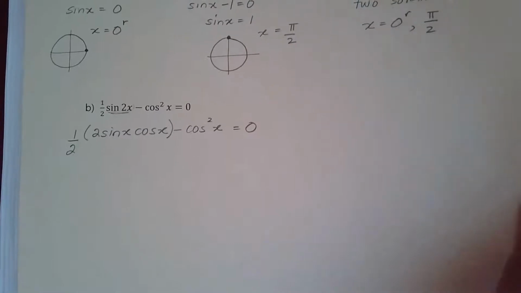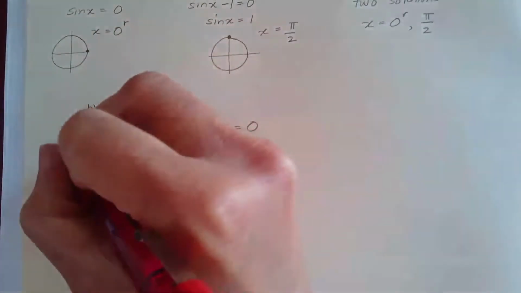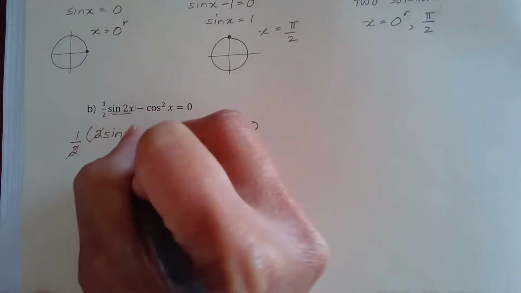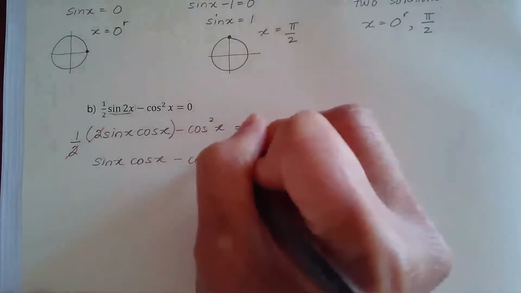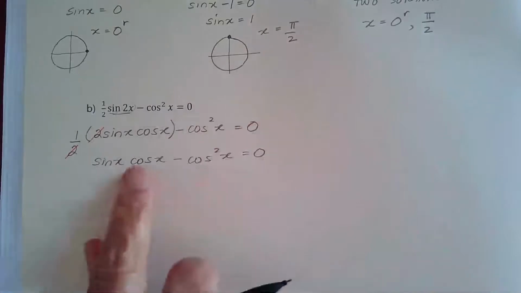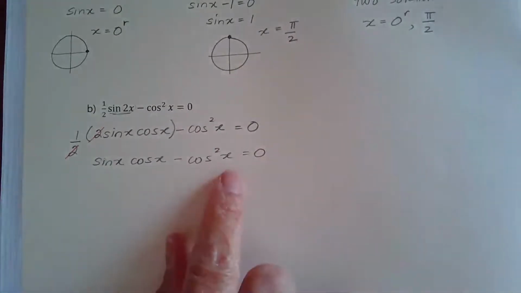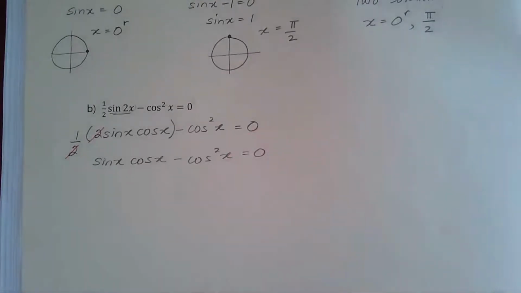Let's see if we can clean this up. The half and the 2 cancel each other out. So we're left with sine of x cos of x minus cos squared of x. Now you're probably thinking, oh no, this is a quadratic, but it involves two trig functions.